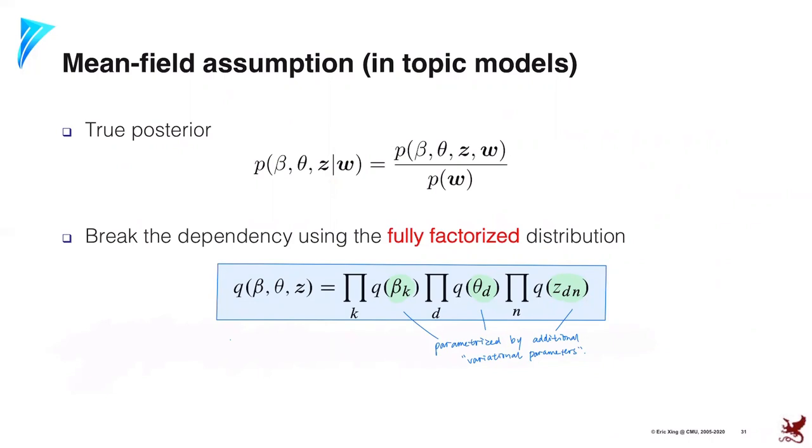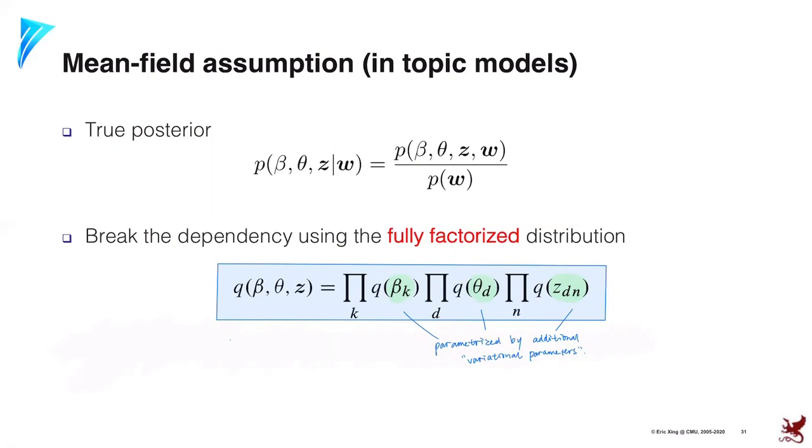We will also mention it in section 4 later. And in this assumption, we assume that all of these unknown hidden variables can be partitioned so that each partition is independent of the others. So in our case, with this mean field assumption, we assume this Q is fully factorized like this.